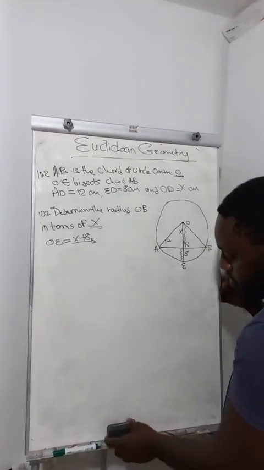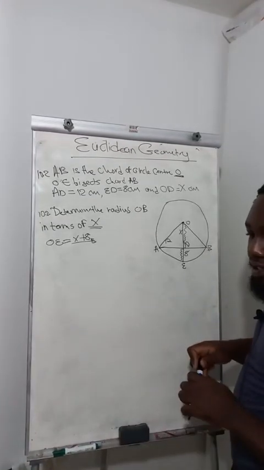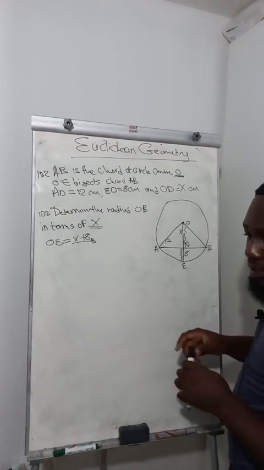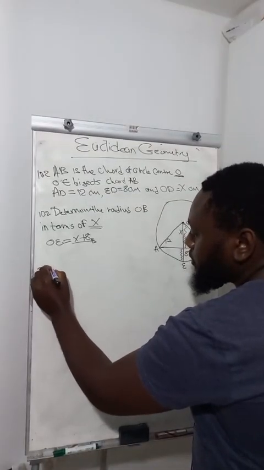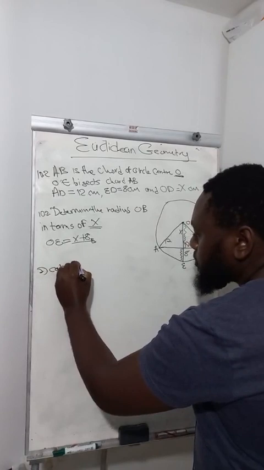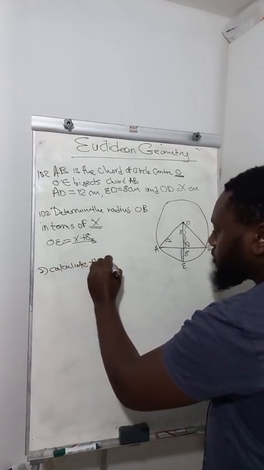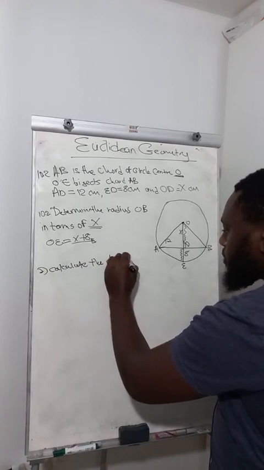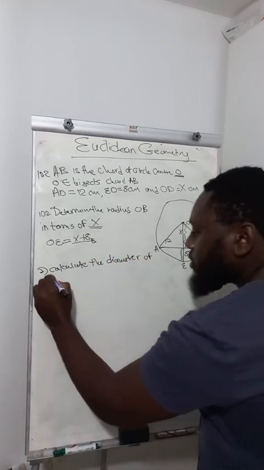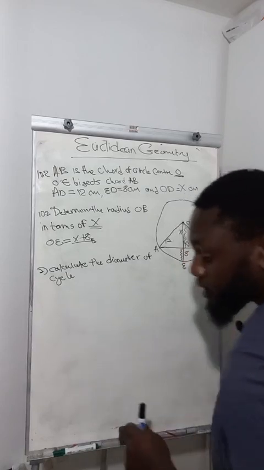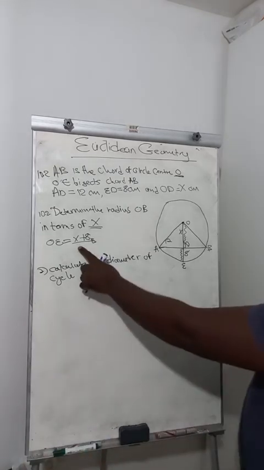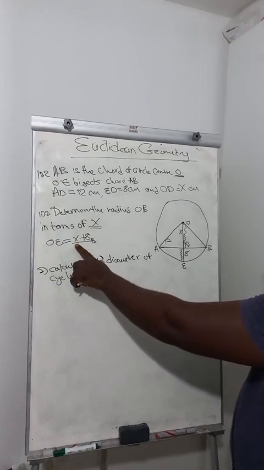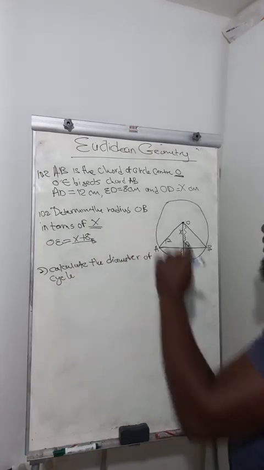The next question says calculate the diameter of the circle. Now, if they say calculate the diameter of the circle, actually they're just saying calculate the value of x.